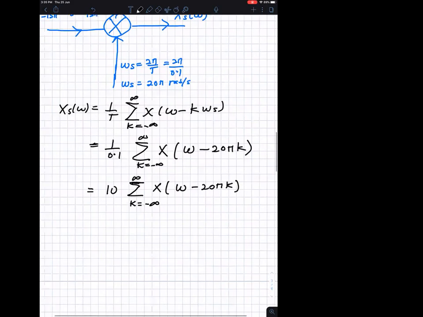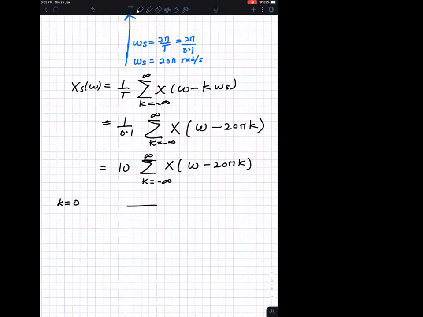And then when k is plus minus 1, it's going to have the original copy plus this copy.